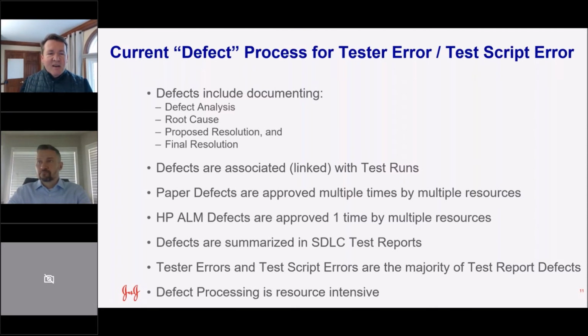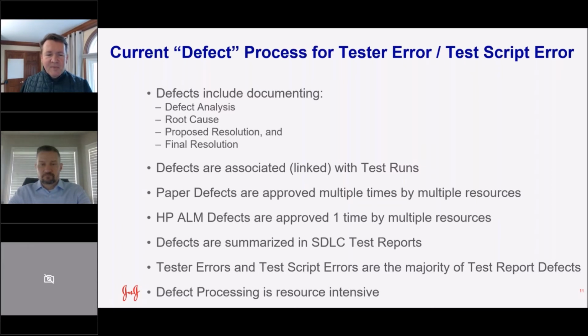And particularly here, just giving you an idea of some of the steps that we went through when we were processing tester errors and test script errors. So the defect typically included documenting an analysis of the root cause, the proposed resolution, and the final resolution.